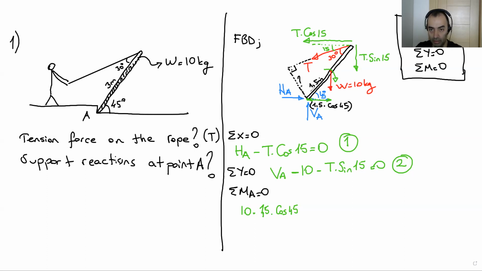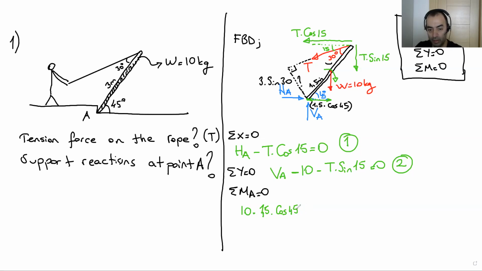Here is 3 meter, so this part is 3 times sine 30. We are going to use this 30 here. Please practice these sine and cosine issues, how we can convert a length to its cosine or sine components. Please practice more.